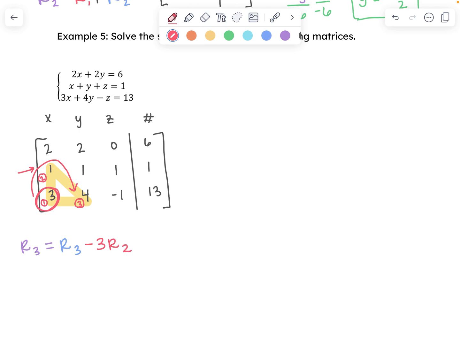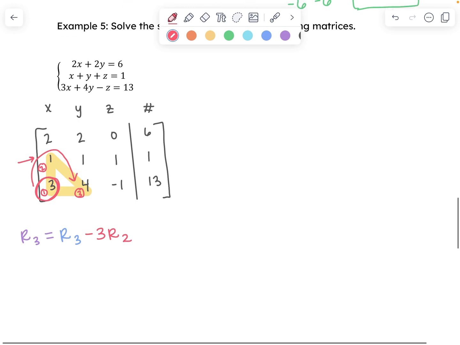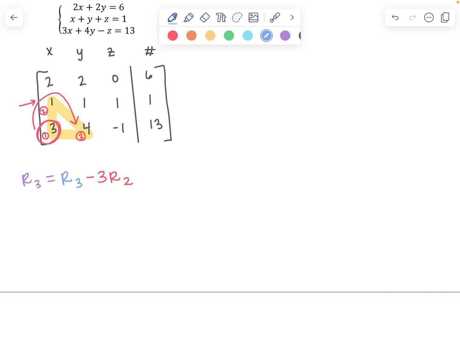I've got that 1 in that second row. If I multiply it by 3 and then subtract it from my third row, that'll get everything to cancel out. So my R3, my third row, is 3, 4, -1, 13.